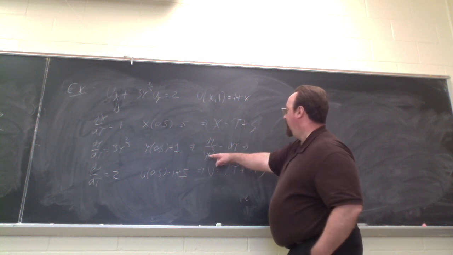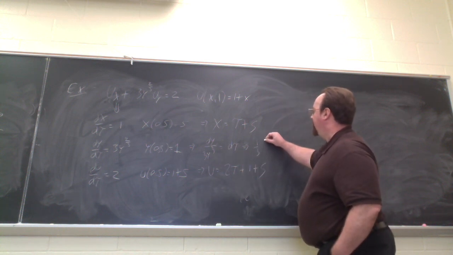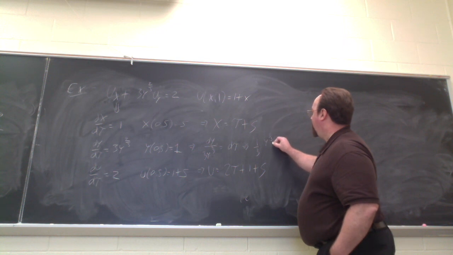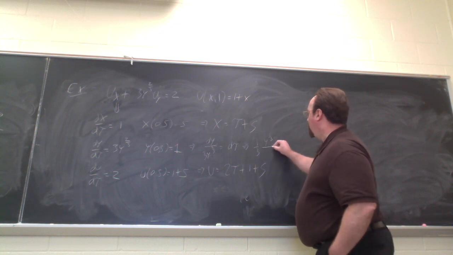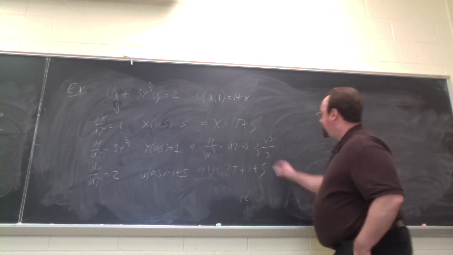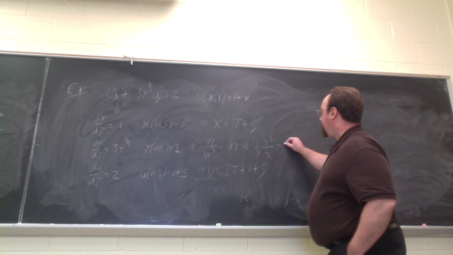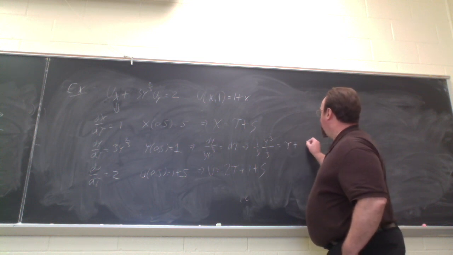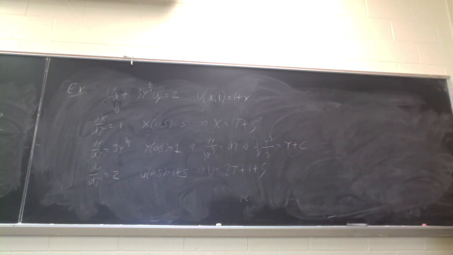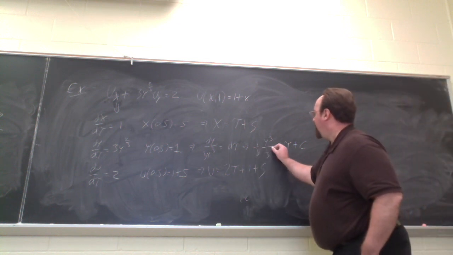So I have 1/3 y to the minus 2/3. So I use the power rule, and I get y to the 1/3 over 1/3 is equal to tau plus c. Now the 3 and the 1/3, thankfully, cancel out.